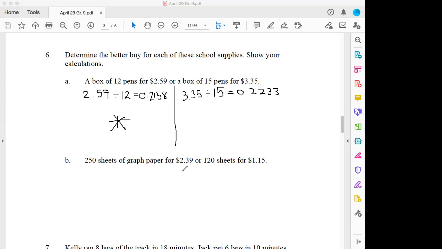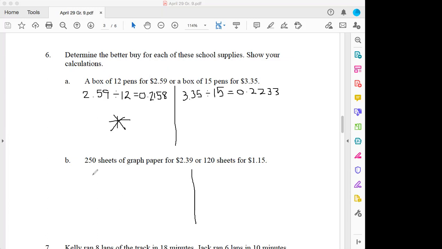Okay, so the next one we're looking at is graph paper. So we get 250 graph papers for $2.39.